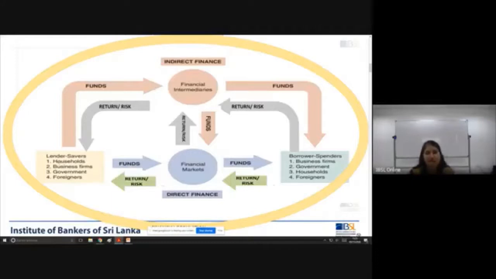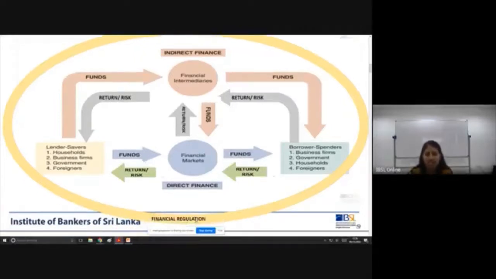Okay. And also remember, this entire setup is always governed by financial regulation. There is regulation involved in each type of fund flow to ensure that no one is misled and no mishaps happen in the market. For the efficient functioning of the market, financial regulation occurs.